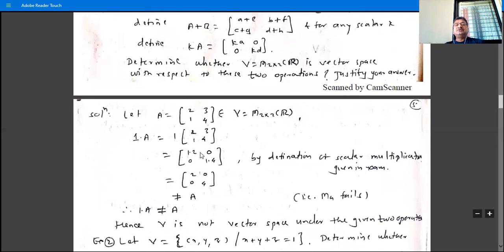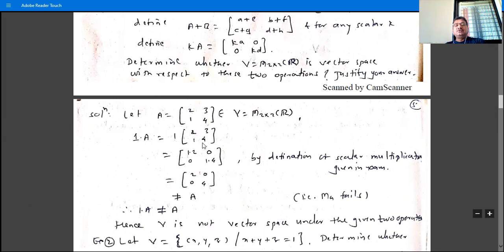Here is the answer. Suppose A is the 2 by 2 matrix (2, 3, 1, 4). Obviously this is an element of M2×2(R). Then 1 times A is 1 times (2, 3, 1, 4), and what is its value? It is (1 into 2, 0, 0, 1 into 4), by using the definition given in the example.